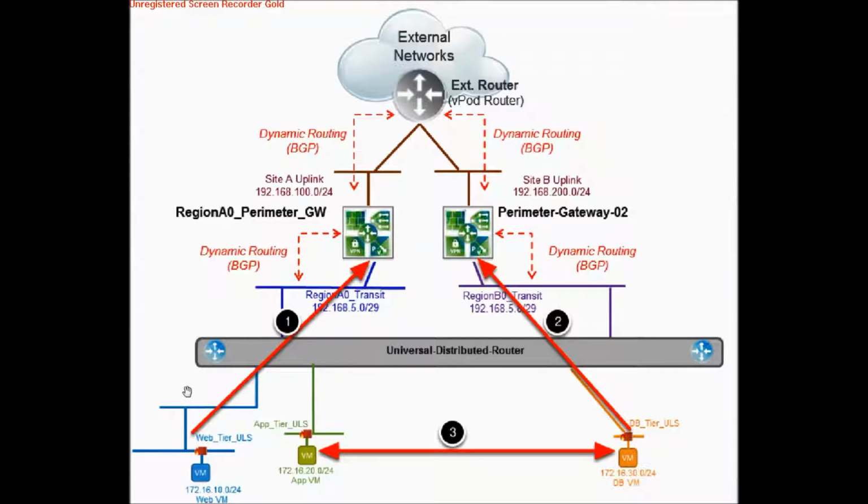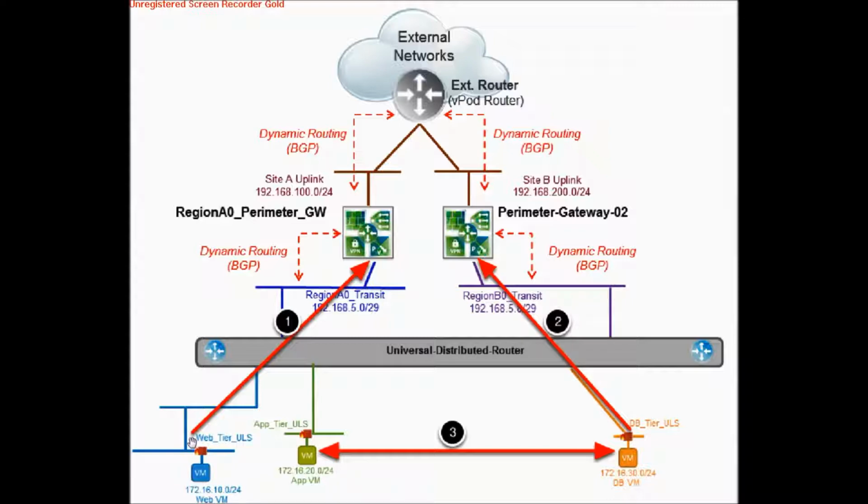A third NSX Edge has been pre-configured as the Universal Distributed Logical Router, providing east-west routing among the application logical switches, as well as connectivity to the transit Universal Logical Switch on each site.